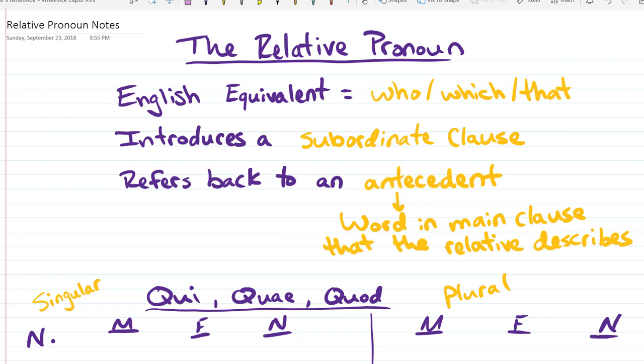So an antecedent is a word in the main clause that this relative clause introduced by the relative pronoun describes. That sounds very technical. Let's get into some examples in a little bit, and it might make more sense then.